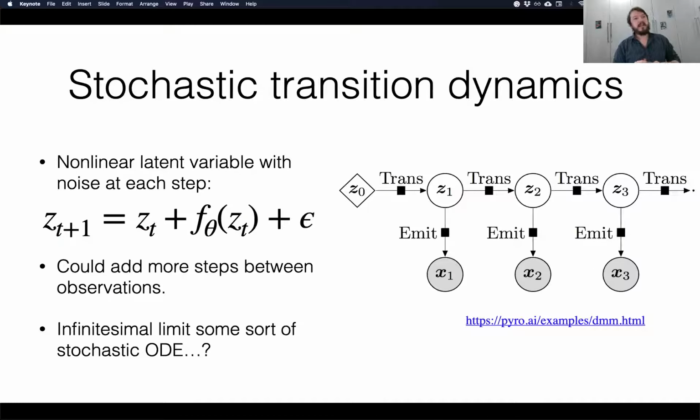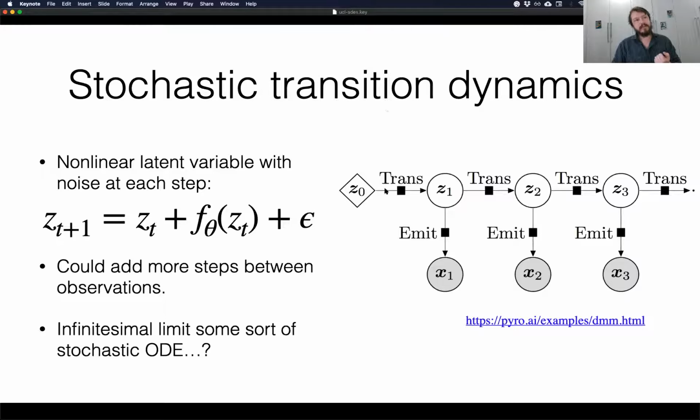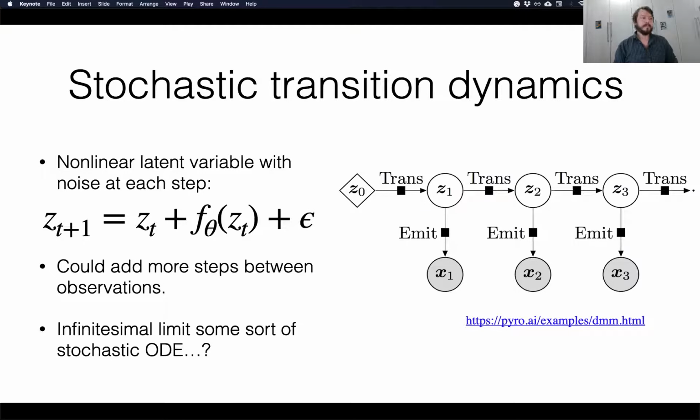So this brings us back to stochastic transition dynamics. The one way in which we didn't generalize the deep Markov model was that our transitions are deterministic and theirs are stochastic. And this stochastic transition dynamics is a great place to say, oh yeah, and maybe something else happened to my system that I didn't get to observe.